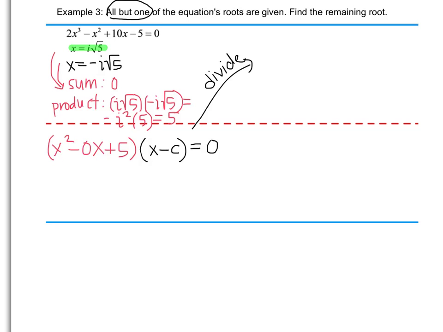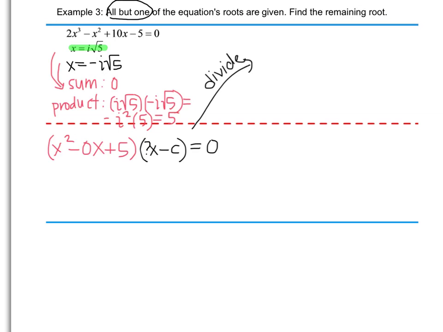Let's take this term here, x squared plus 5, and divide it out of this, right? If these two are being multiplied together, then if we just divide it out, we'll get what's left here. And we may have a coefficient of this x as well. I'll just put a question mark there. So we'll find out when we divide that out.